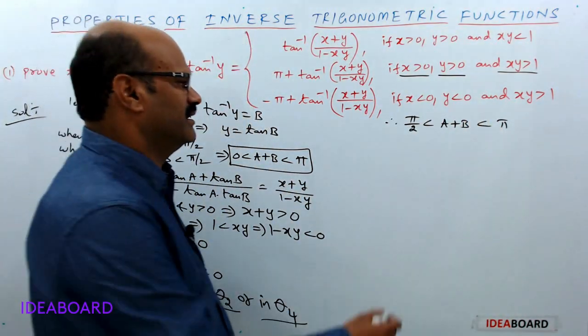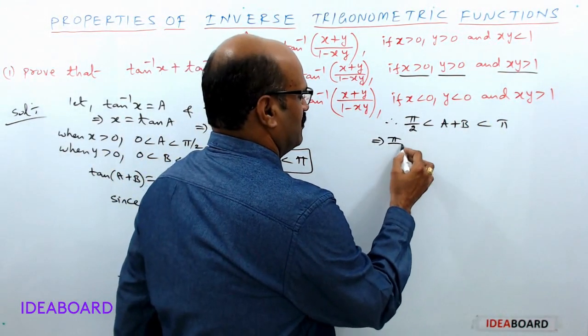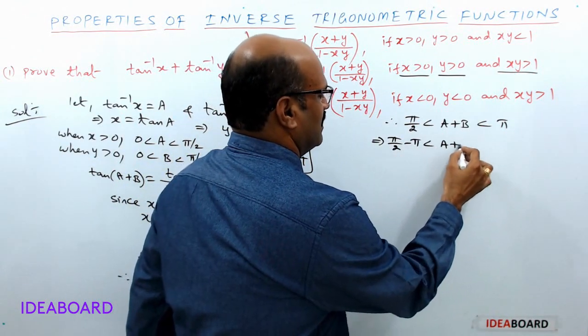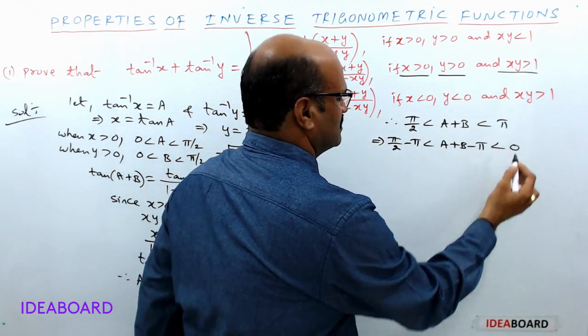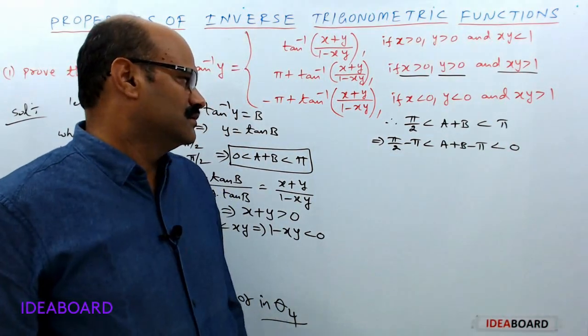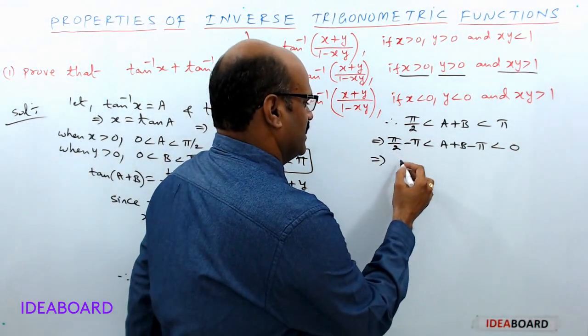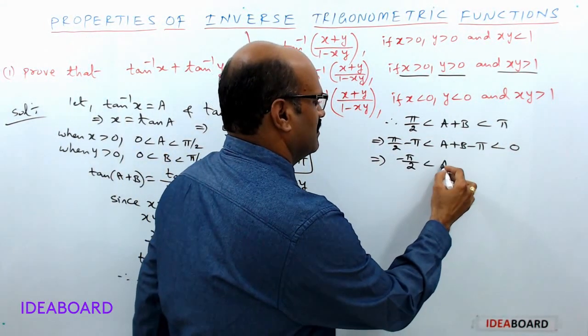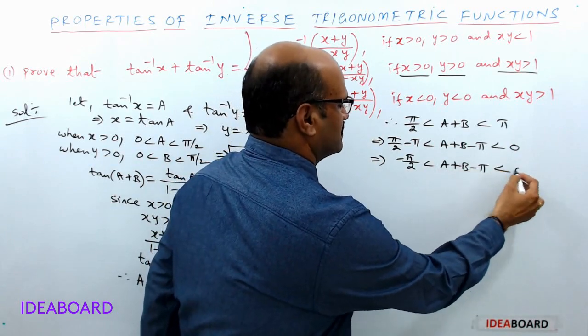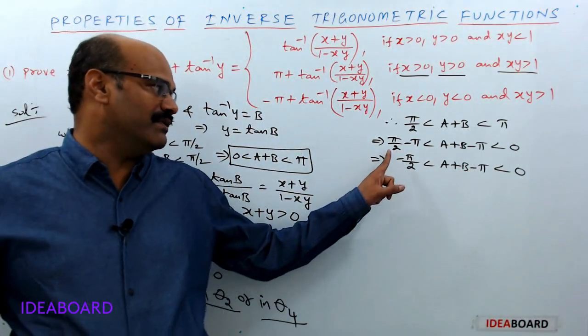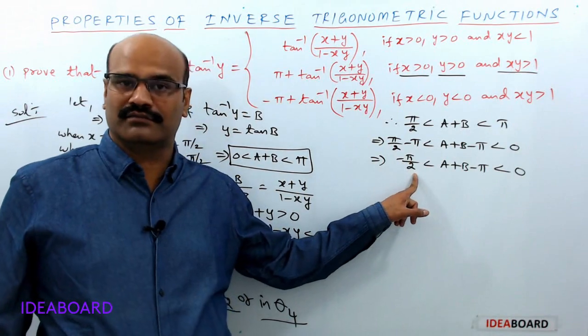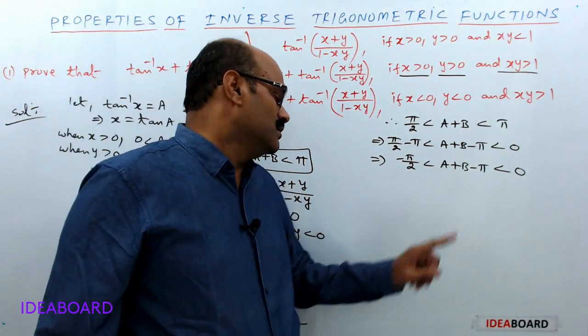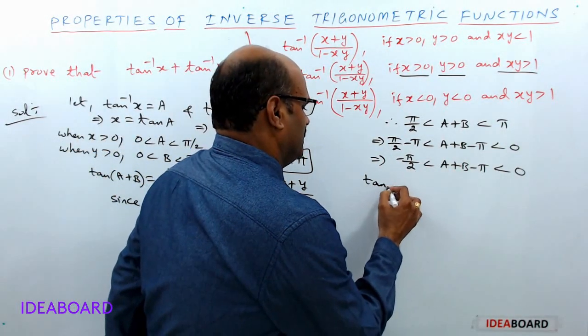Now subtract pi here. It implies pi by 2 minus pi less than a plus b minus pi less than 0, that is, minus pi by 2 less than a plus b minus pi less than 0, since pi by 2 minus pi equal to minus pi by 2. Now find tan of a plus b minus pi.